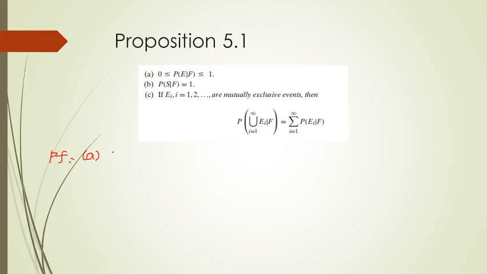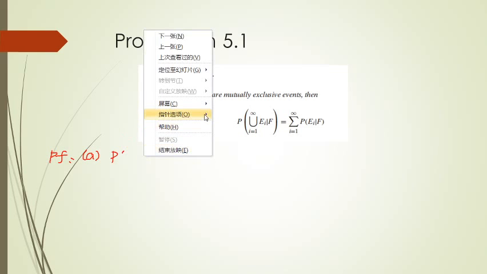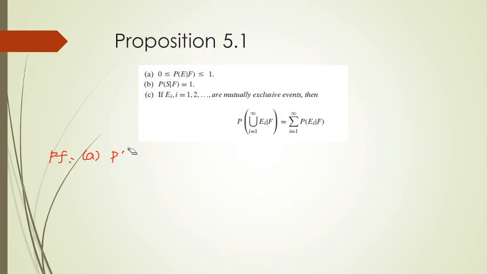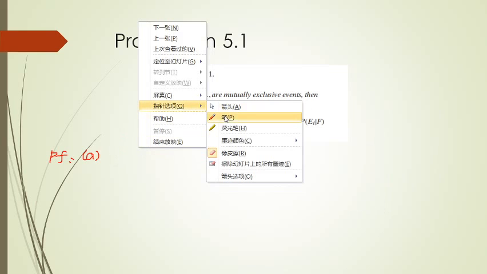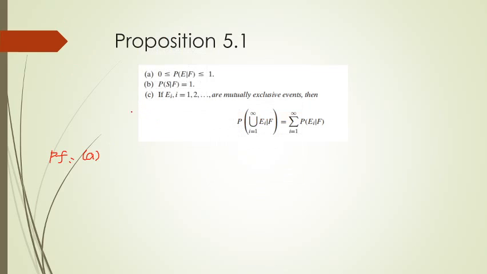So according to the definition of conditional probability, the probability of another event E given F. Here we are talking about the conditional probability.